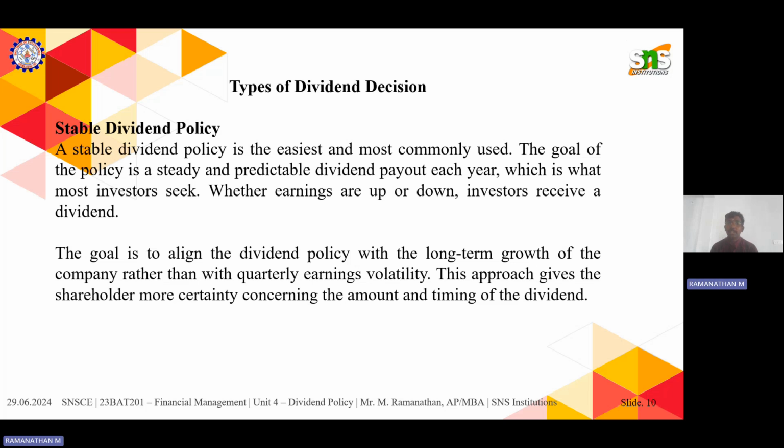Whether earnings are up or down, the investor will receive the dividend. The goal is to align the dividend policy with the long-term growth of the company rather than volatile quarterly earnings. This approach gives the shareholder more certainty about the amount and timing of the dividend. If you are an investor, definitely everyone is looking forward to the dividend, right?